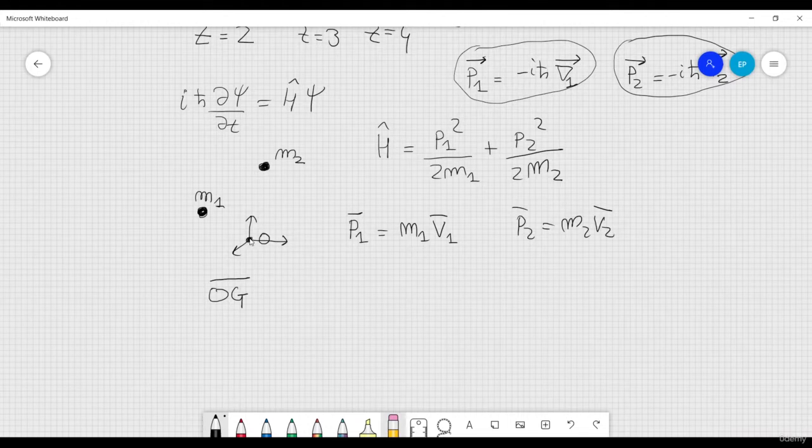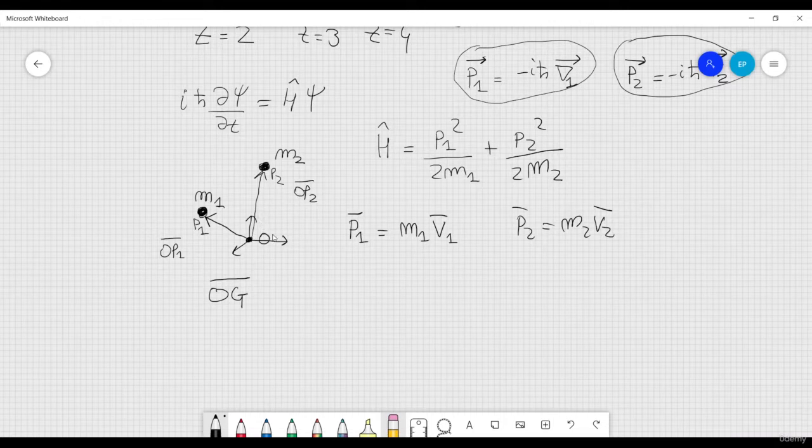To denote the position of the particle 1, characterized by the mass m1, let's say that this point here is P1. So the position of the first particle would be OP1, whereas the position of the second particle will be OP2. These are position vectors.